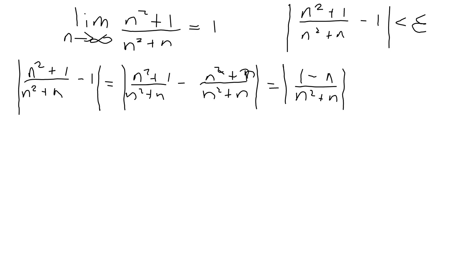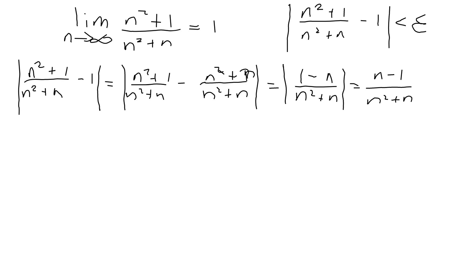Now, if we take the absolute value of that, that's actually the same thing as n minus 1 over n squared plus n. This is where it gets a little technical, because we want to get to as simple a thing as we can to prove. Remember, n is getting larger and larger, tending to infinity.